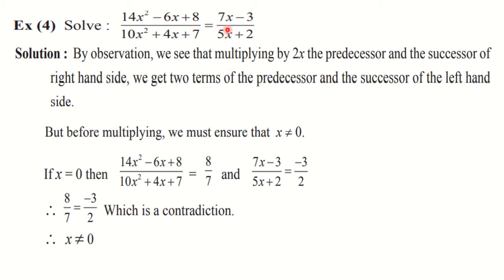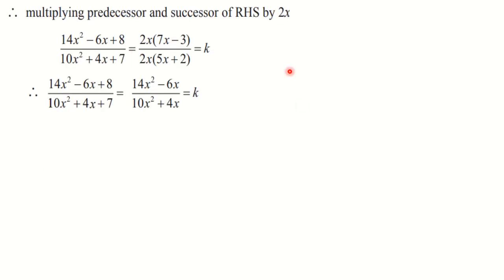Therefore now it is possible for us to multiply by 2x both the terms of the second ratio, or both the terms of the right hand side. So let us multiply by 2x here. While multiplying, immediately write down both the ratios equal to k, and then write down the answer below by opening these brackets. See, first ratio as it is.